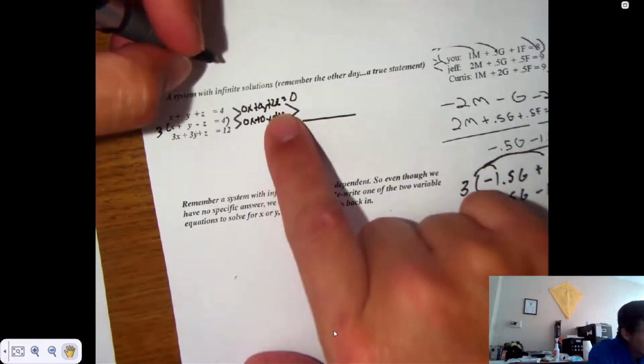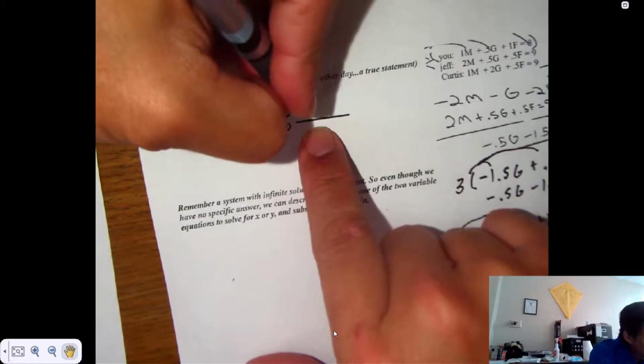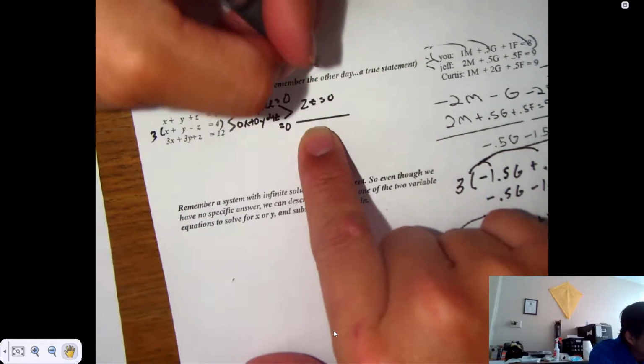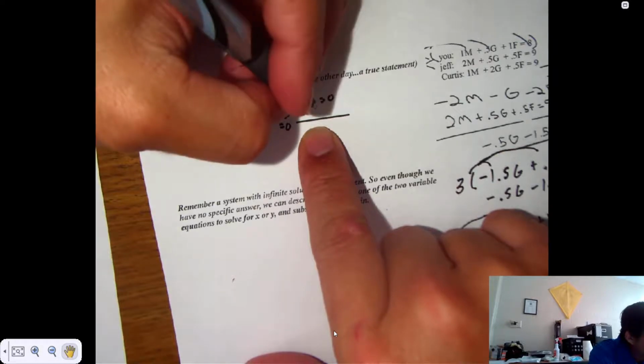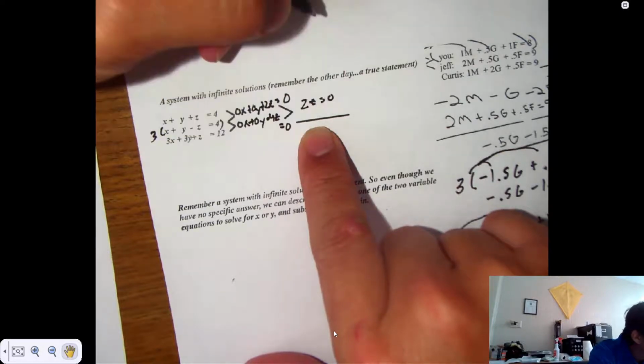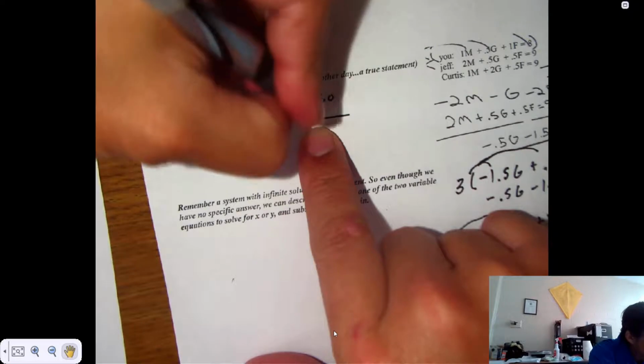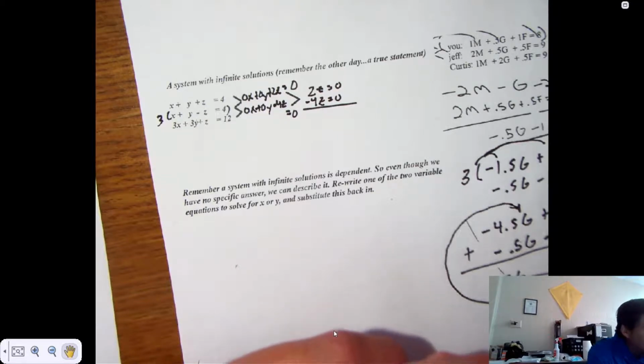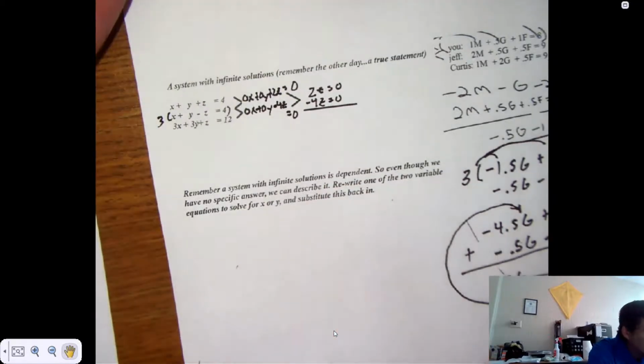So let's just focus on what we had here. We had 2z equals 0, and we also had negative 4z is 0. Interesting. Well, there's really no need to do the elimination method here.